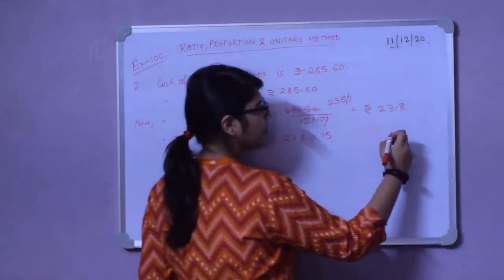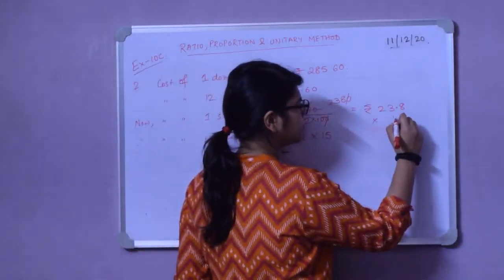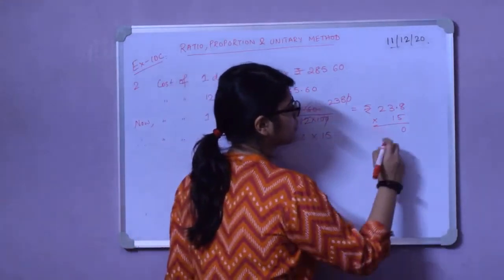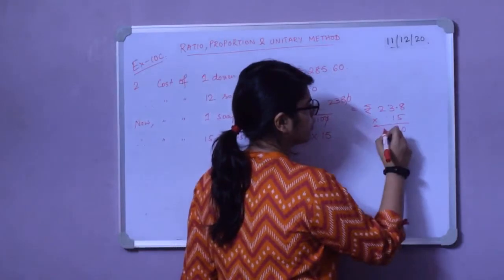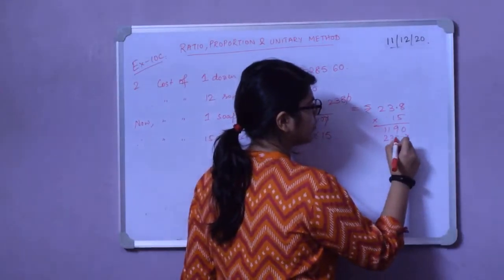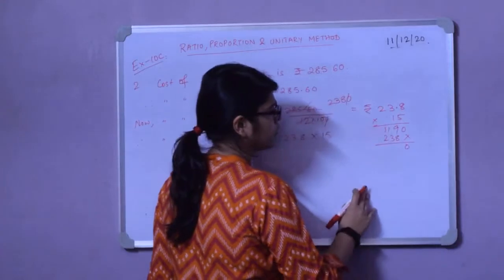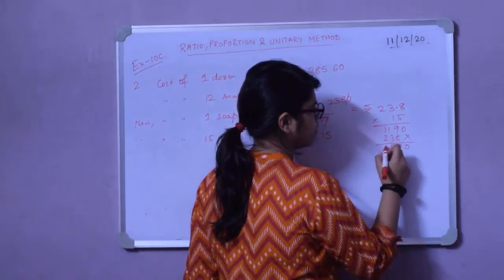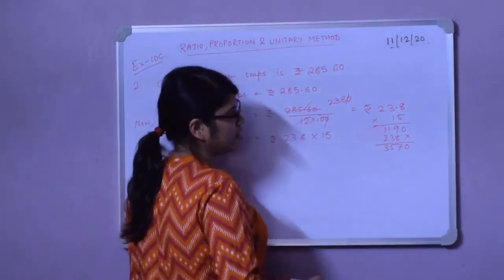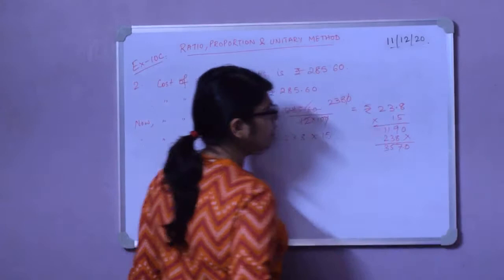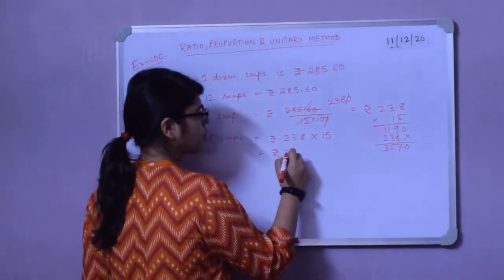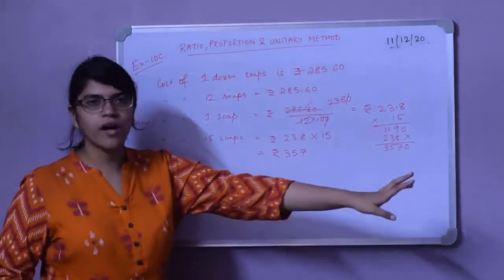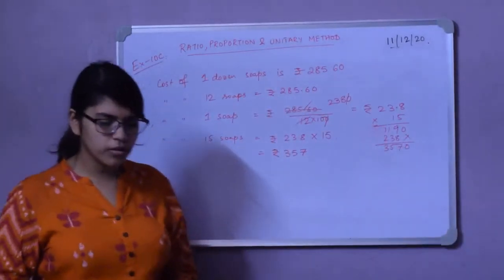Now if you multiply this by 15, that gives us 3570, and 1 decimal point will come here. So that means rupees 357, because after the decimal point 0 has no value.